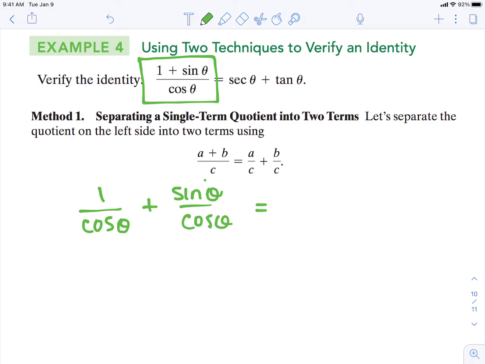So you're separating it out into two fractions. Now we have identities. The first identity is the reciprocal identity. The second one is the quotient identity. And we are done. We wanted the secant of theta plus the tangent of theta, and we got it.